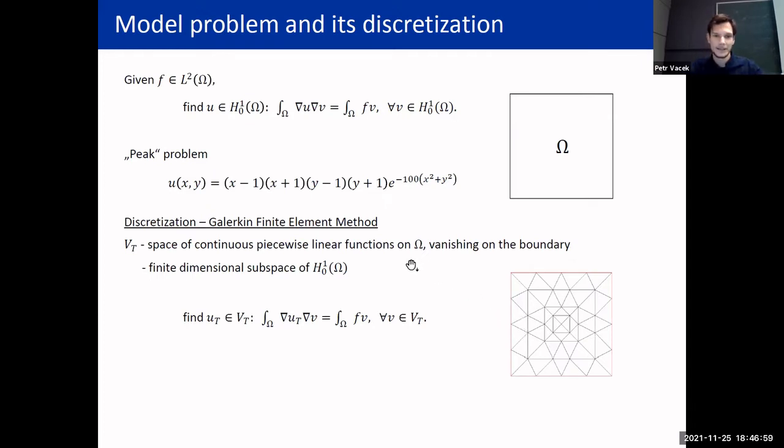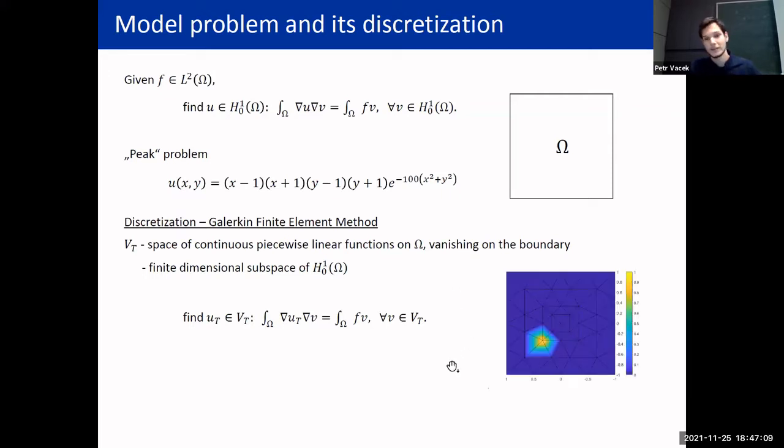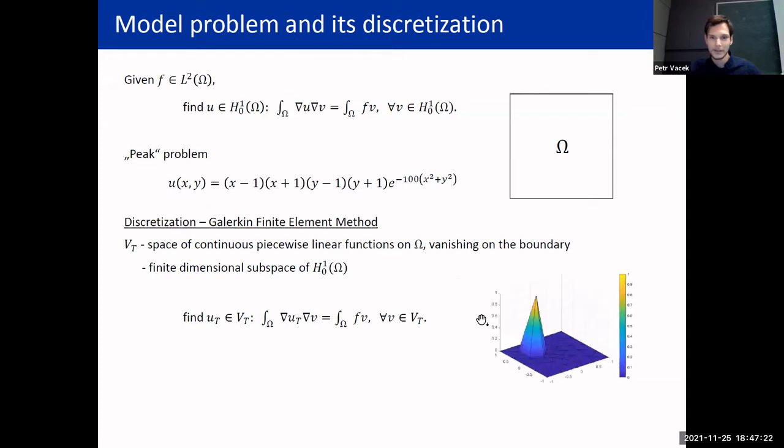And we are searching in a space of functions which vanish on the boundary in order to include the boundary condition. A function which equals 1 at a certain node and 0 at all the other nodes, and is piecewise linear, is called a nodal basis function or a tent function.